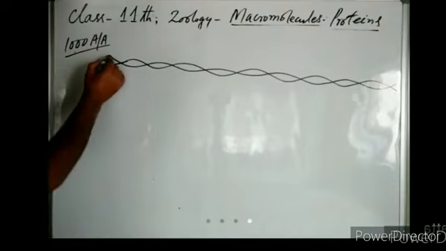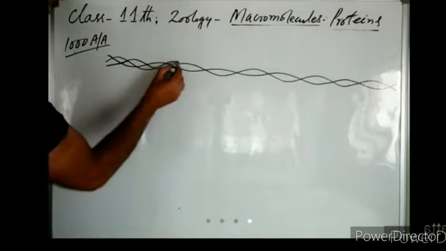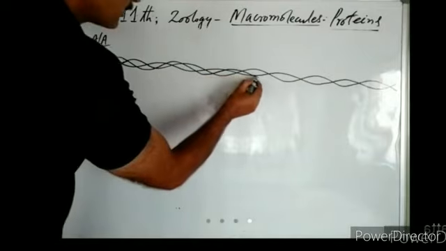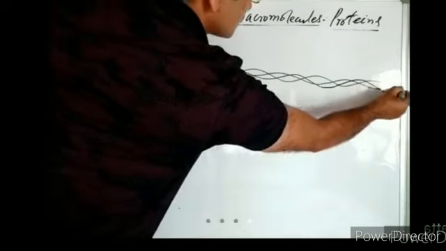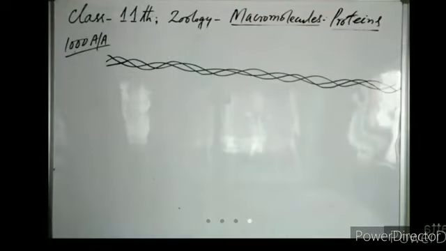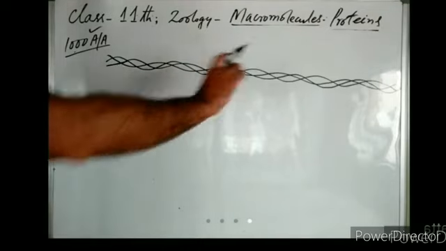Then to this, another polypeptide chain of some 1,000 amino acids may be added. In this way, three polypeptide chains, each formed of some 1,000 amino acids, may join together and form a triple helical structure.